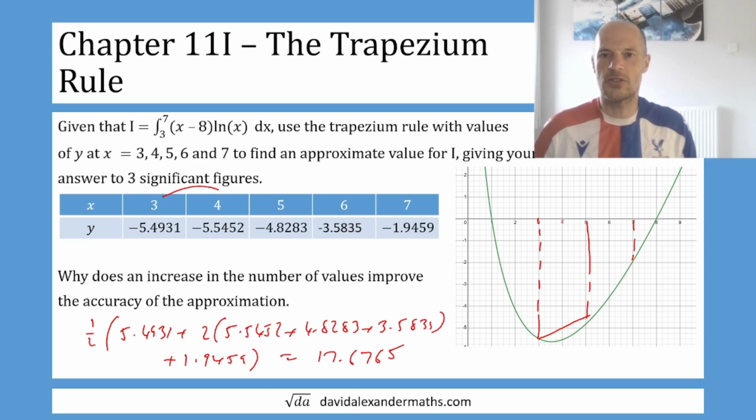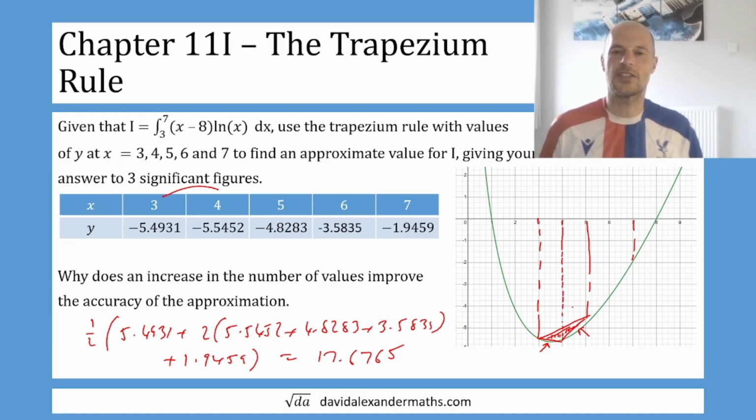Whereas if we use thinner strips, we can see we've gained this amount of area here. So although there's a tiny bit of a gap there and a bit of a gap there, so it's not fully accurate, but the more strips you use, the more accurate the answer is going to be, because you're just filling in these gaps a little bit more.